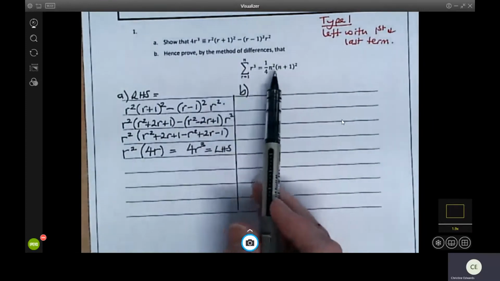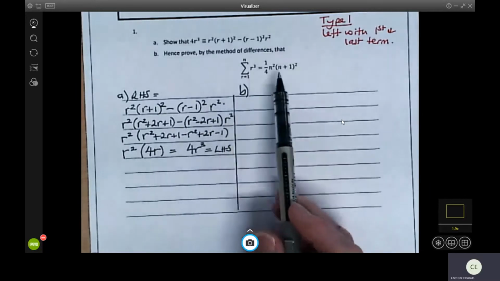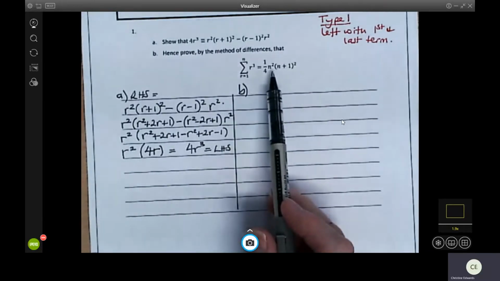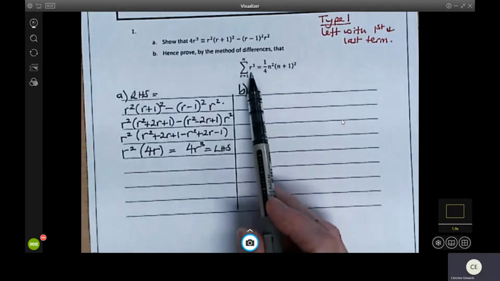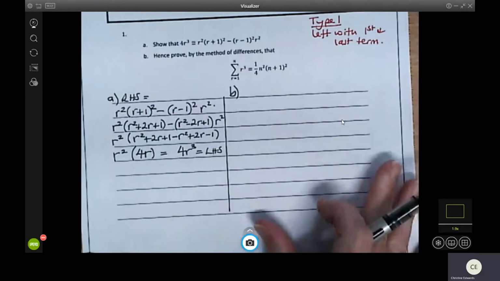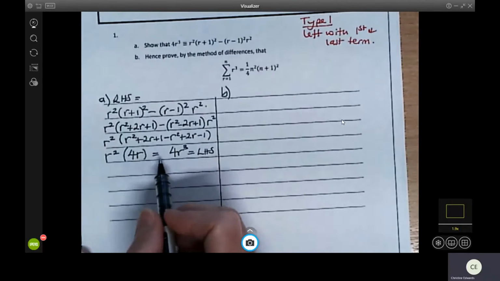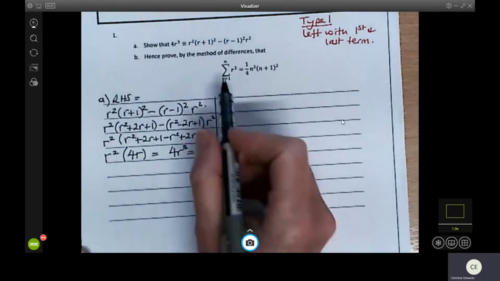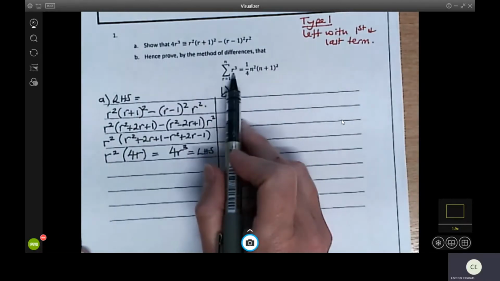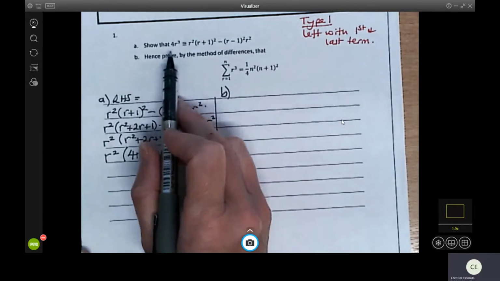We're then asked to go on and prove by the use of method of differences that the summation for r³ is this expression here. So using my workings from part a, we've got an expression for 4r³.